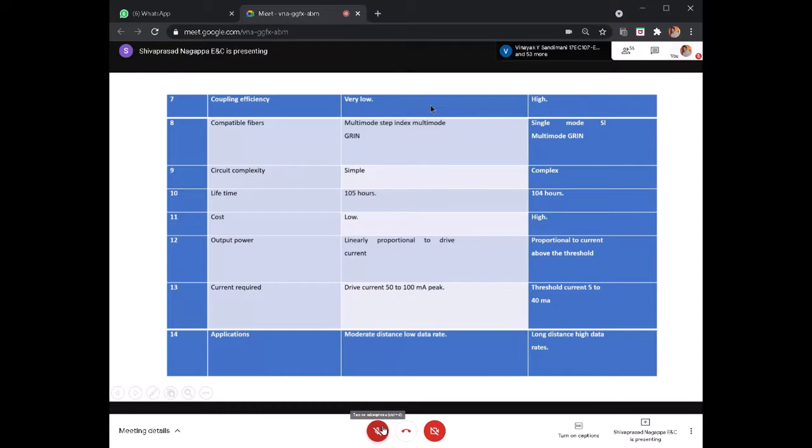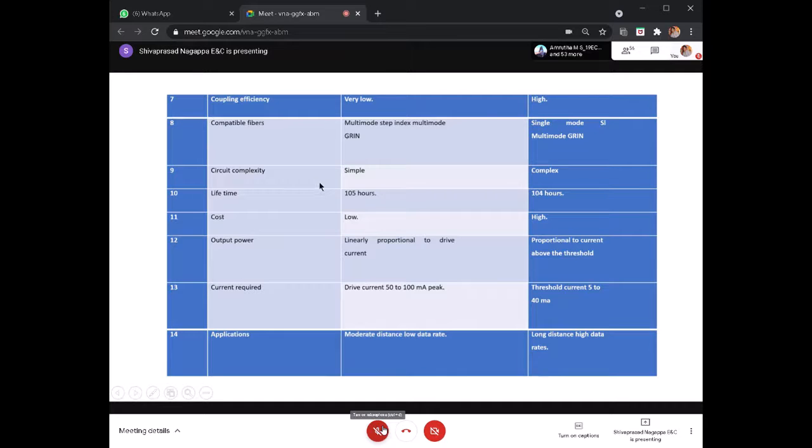Since the radiation pattern of the LED is very large, it disperses, hence coupling is low. Compatible fibers: for the LED it is multimode step index and multimode gradient index. Here, since it is a laser, it is single mode step index as well as multimode gradient index.